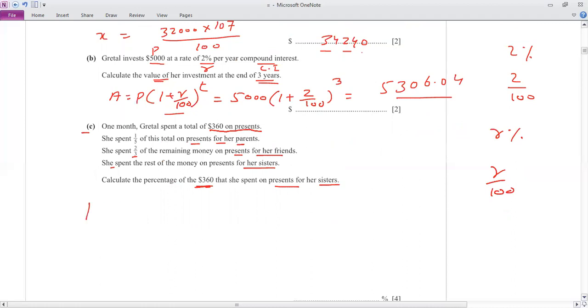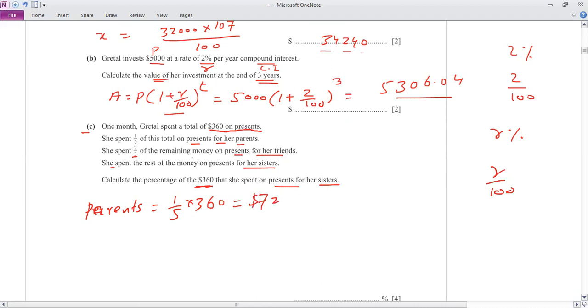So what will be the parents' part? 1/5 of 360, $72. It means she spent $72 to give the gift to parents.